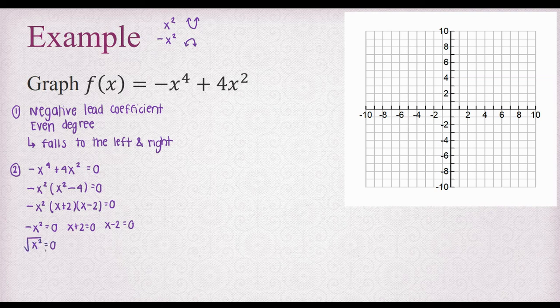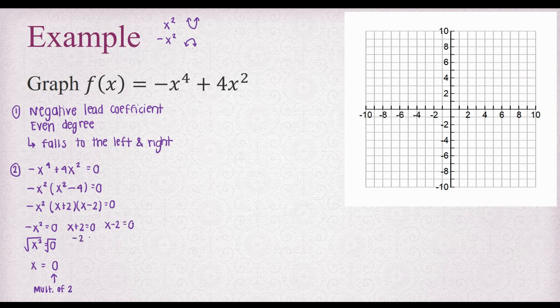And then I'm going to take the square root. Now remember, when I take a square root, I normally get 2 answers. But because I'm dealing with 0, I'm not going to have a positive 0 or a negative 0. But I have to realize that this is technically a multiplicity of 2. I've got 2 answers there.